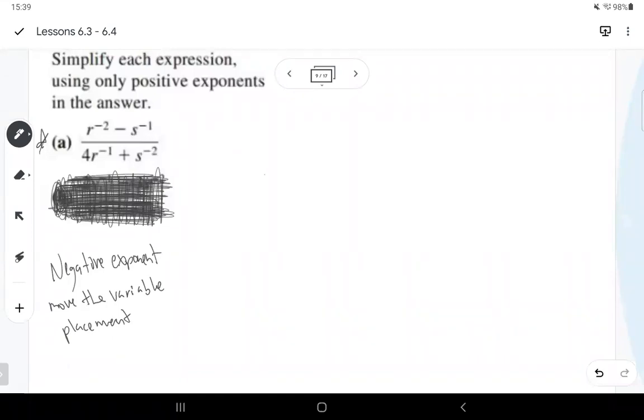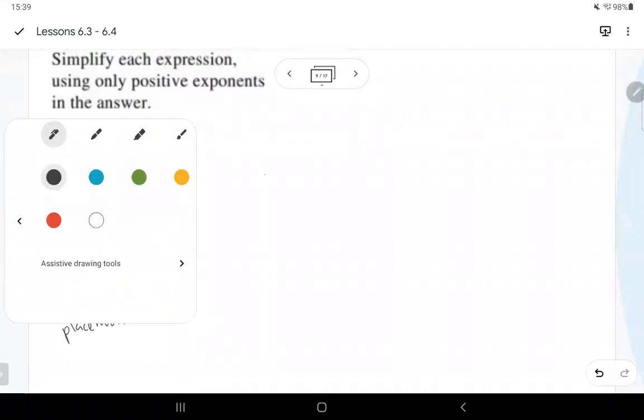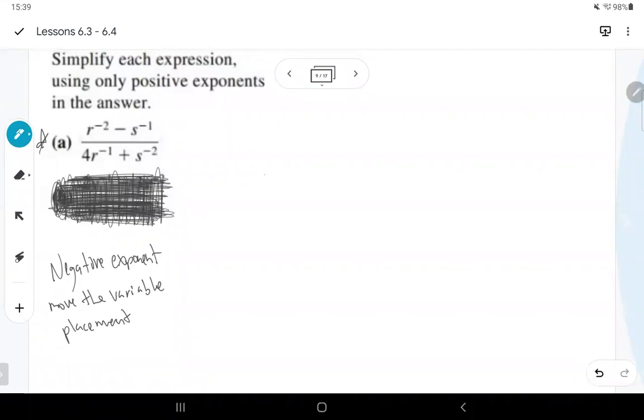What we want to do first is make sure that you know where the tops and bottoms are. So this is actually going to become a complex fraction.